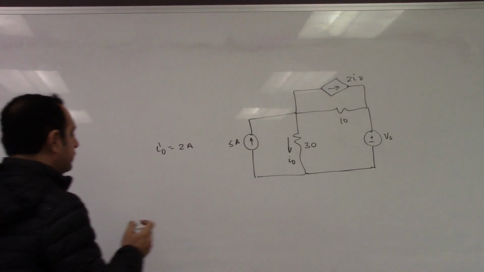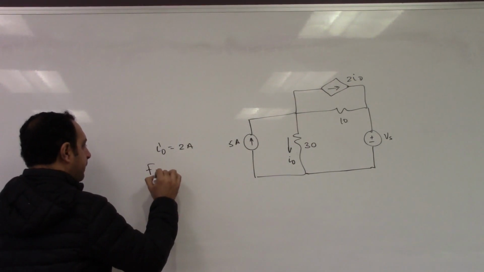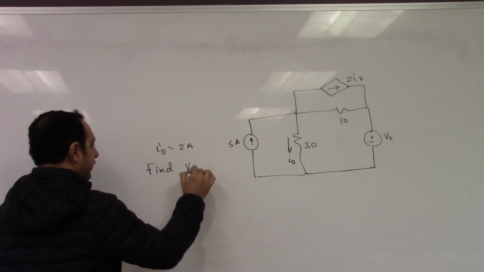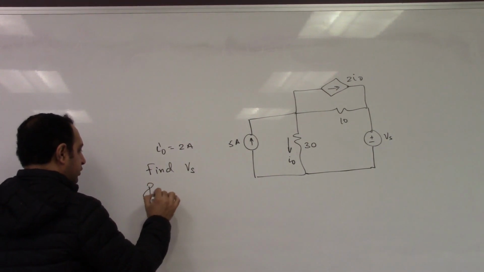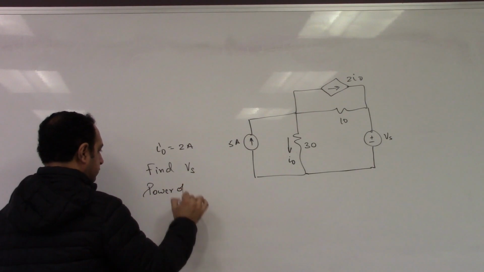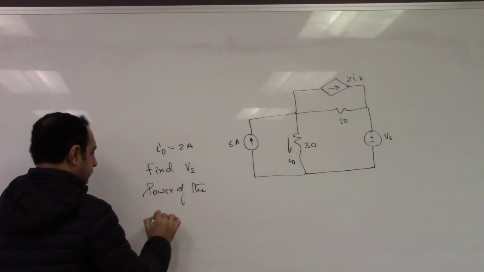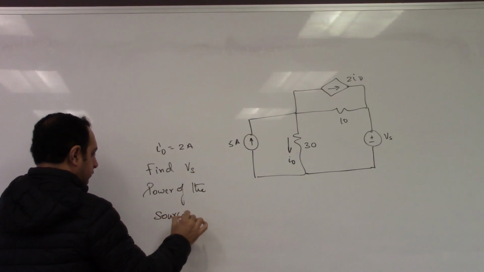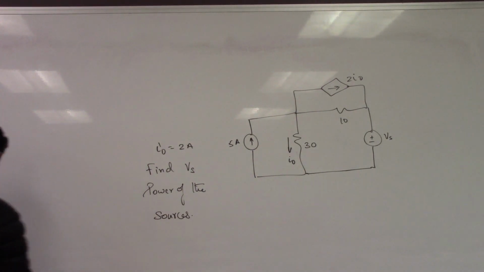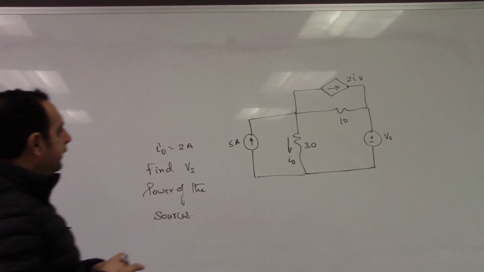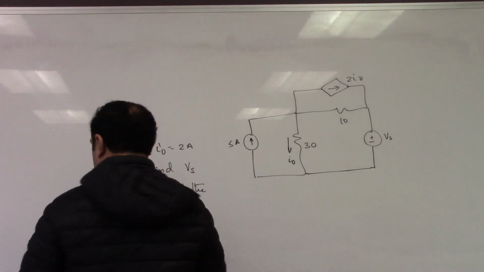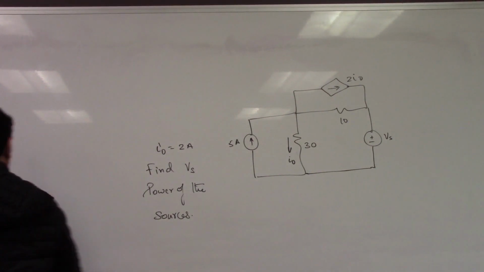So we need to find Vs and the power of the sources. All right, so for us, the critical node here is this node.